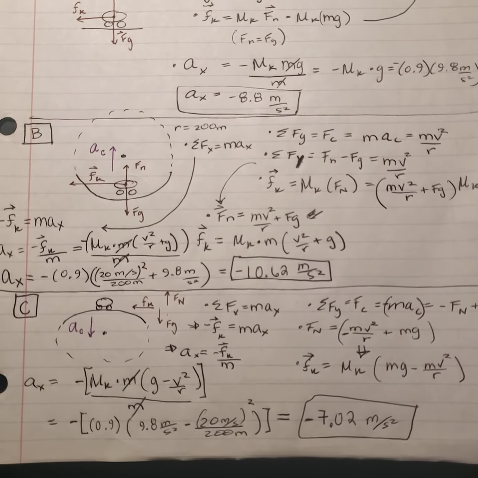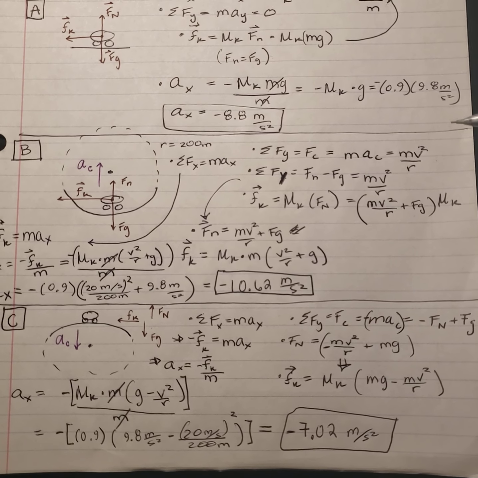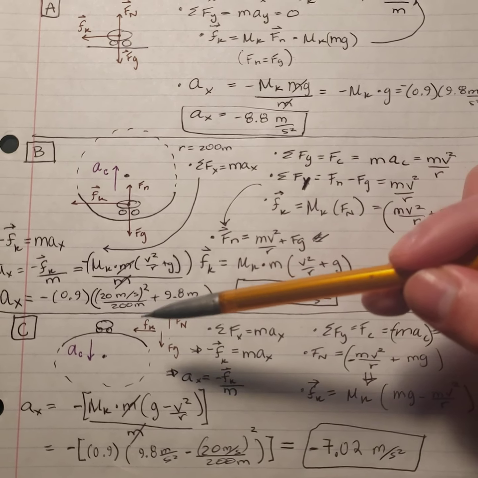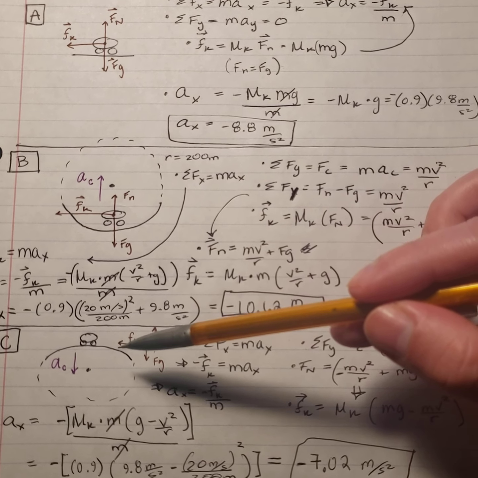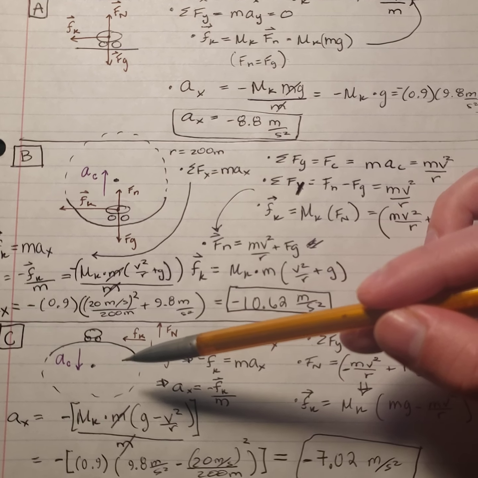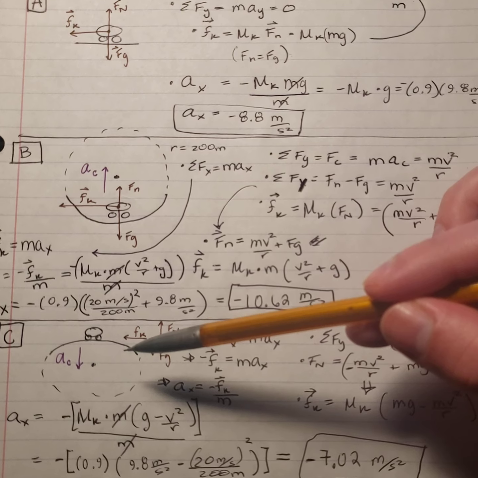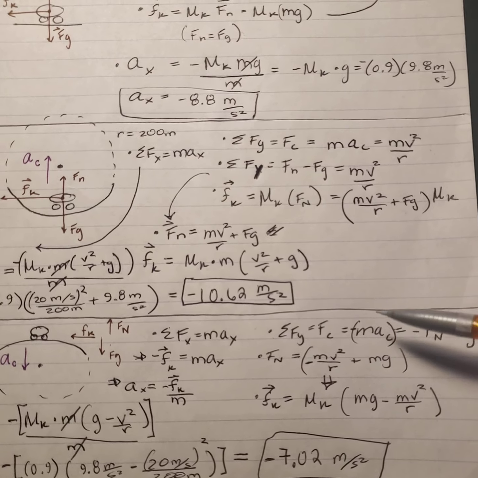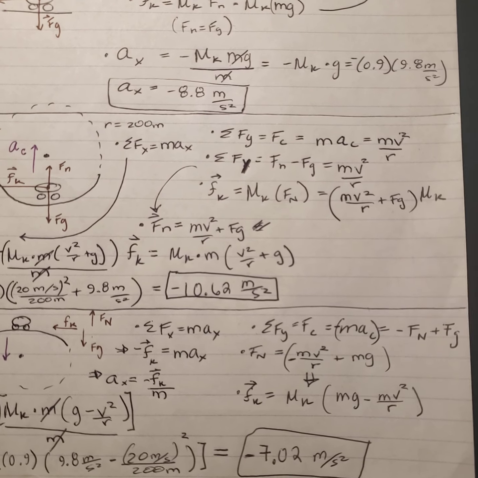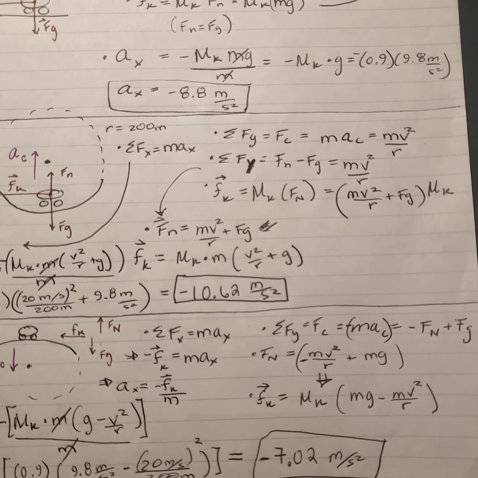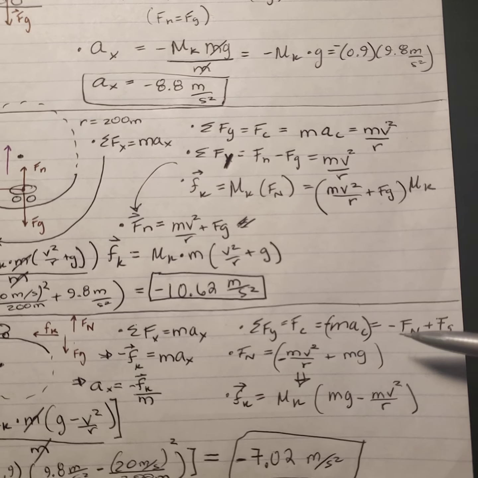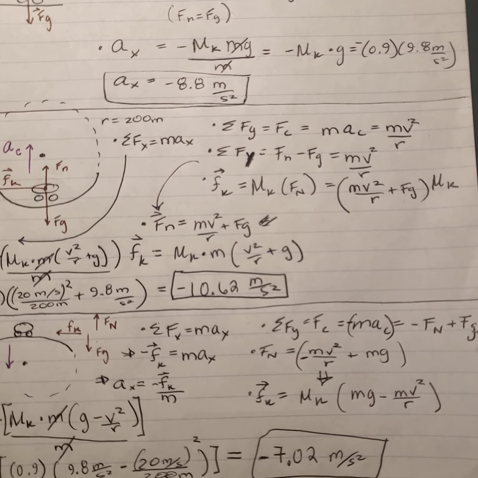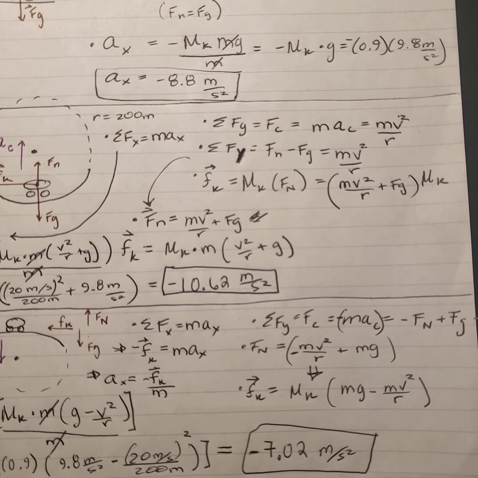For part C, it's basically going to be the same thing, except since the car is on the top of the hill, we're now going to have the centripetal acceleration pointing downwards toward the center of the circle. This is basically going to give us a negative ma, which gives the sum of all the forces in the y as equal to the negative normal force plus force of gravity on the car.